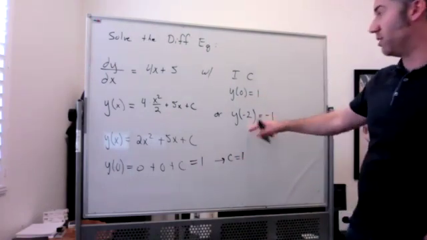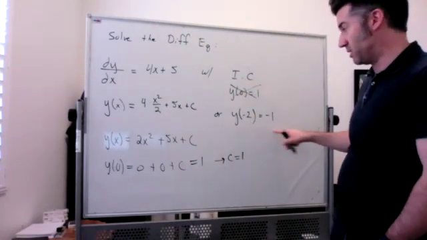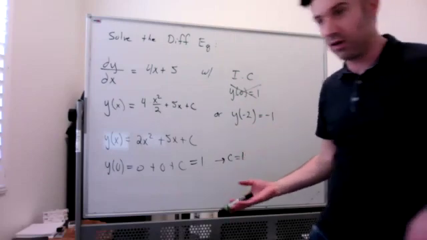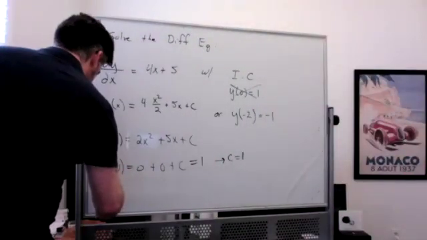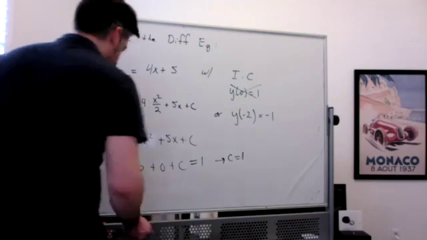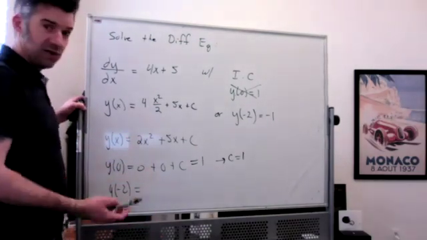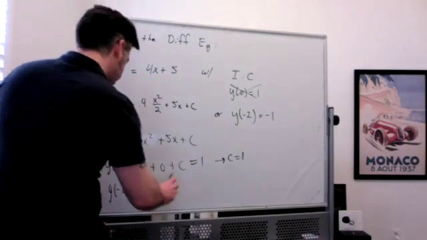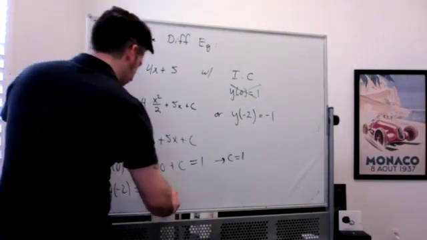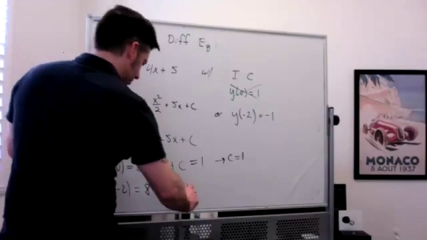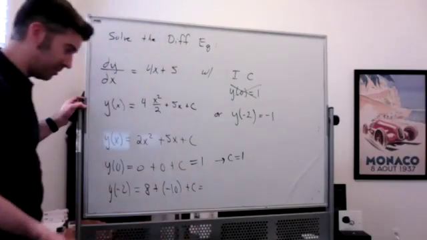But if I had not had that one, if they'd given me this one instead, it's still the same sort of work. I'm going to plug in -2. Now I have to actually calculate this. So I get 2 times -2 squared is 2 times 4, which is 8. 5 times -2 is -10. And I'm still trying to figure out what c is, even though I know it's supposed to be 1.